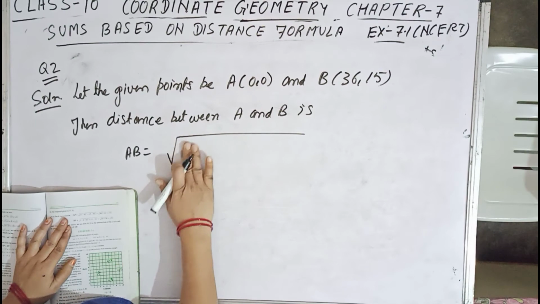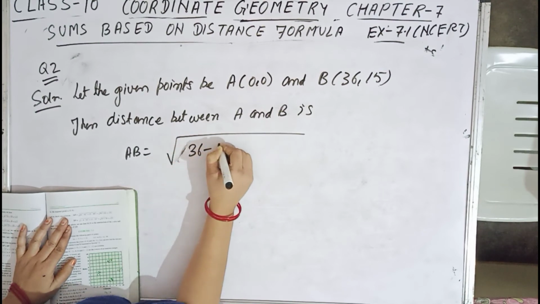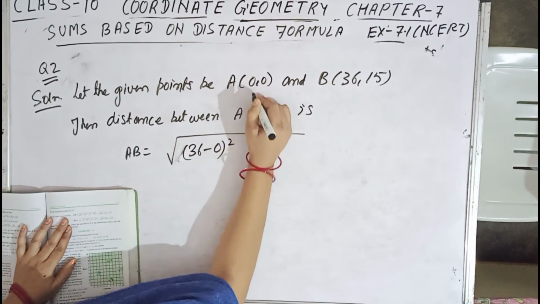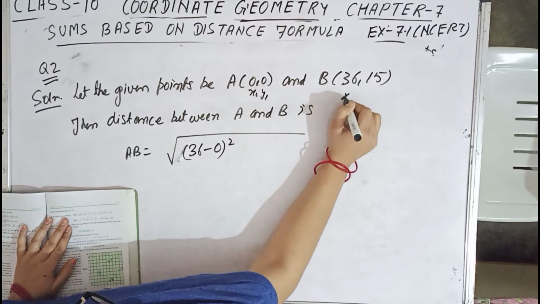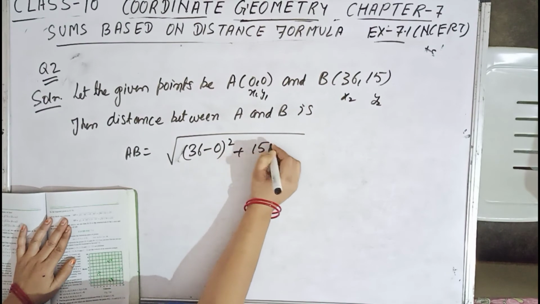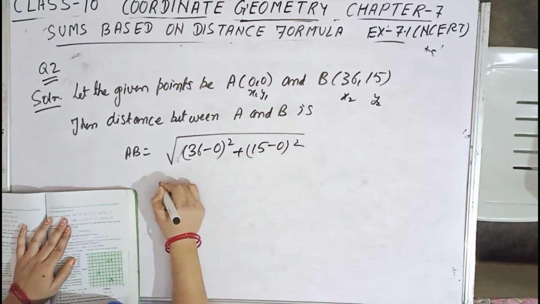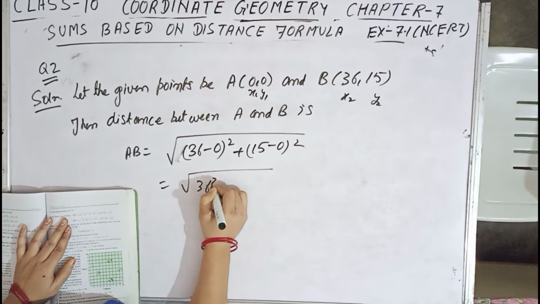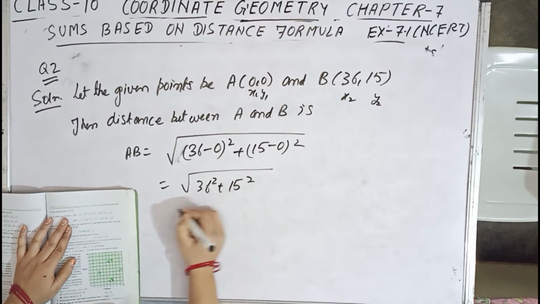So x2 minus x1 whole square, if I take this one as x1, y1 and this one as x2, y2. So the square root of (x2 minus x1) whole square plus (y2 minus y1) whole square. So this will be equal to 36 square plus 15 square.